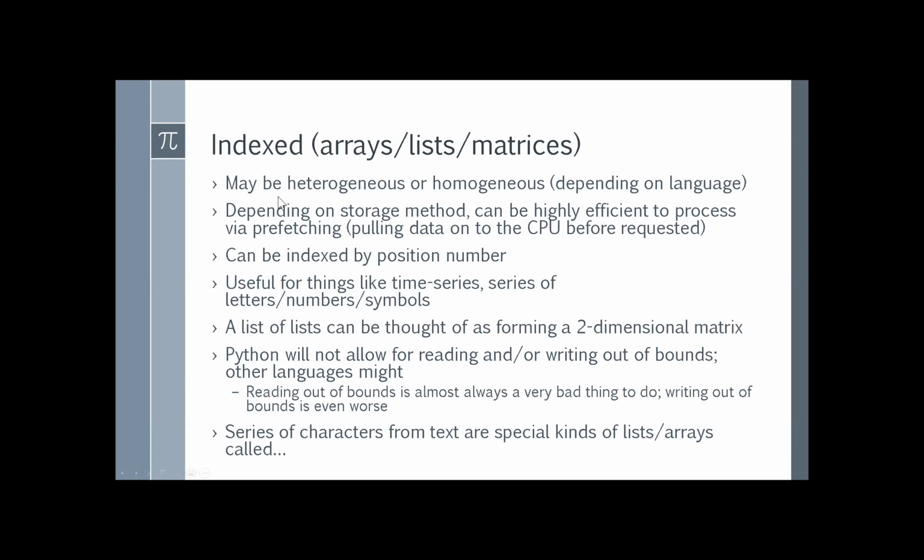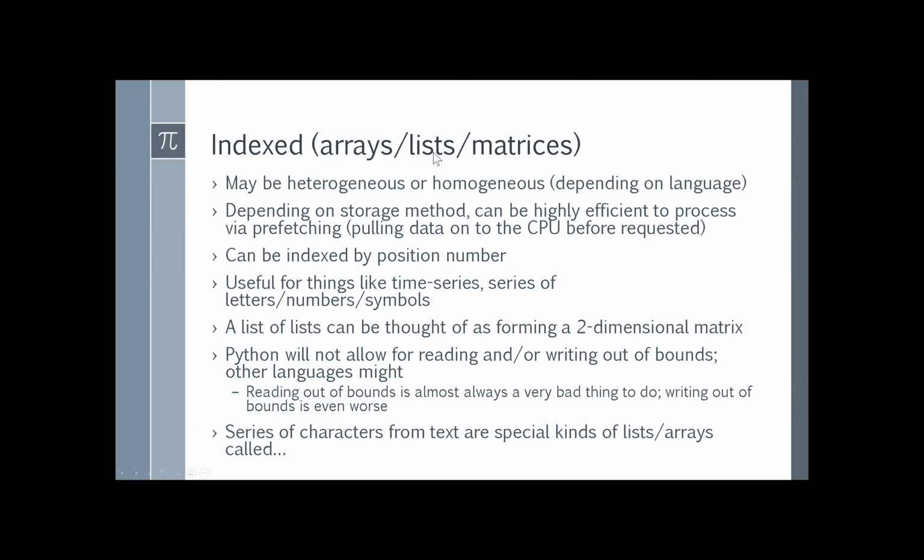These indexed sets of data can be heterogeneous or homogeneous, and it depends a lot on the language. For example, in Python, you can have a list, and Python natively stores data as lists. The first element of the list can be an integer, the second element can be a word, and the third element can be a Boolean. Contrast that to a language like C++, where you have arrays, and in an array, the first element can only be the same type as all the other elements.